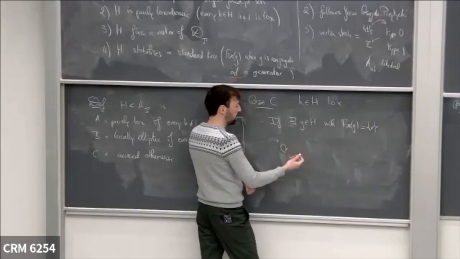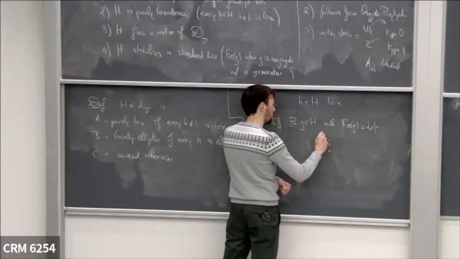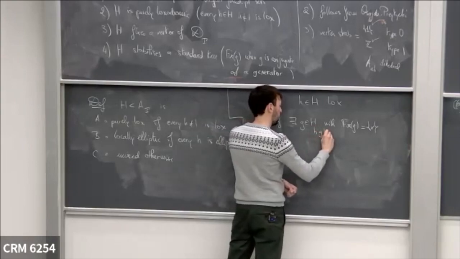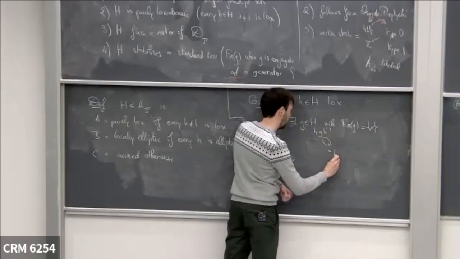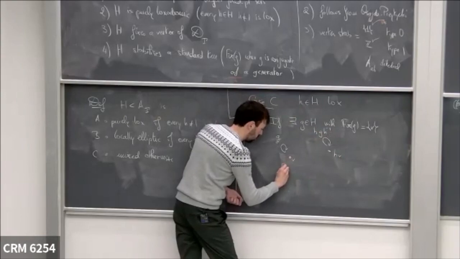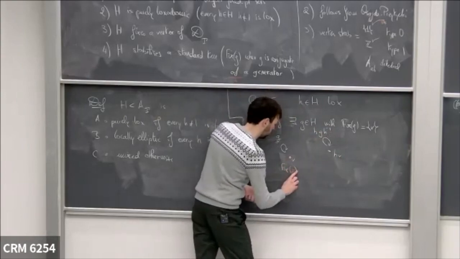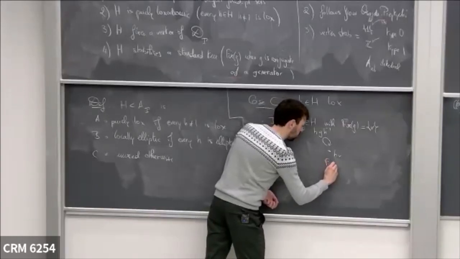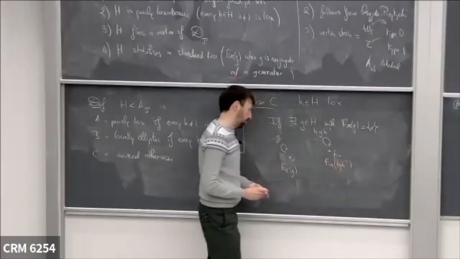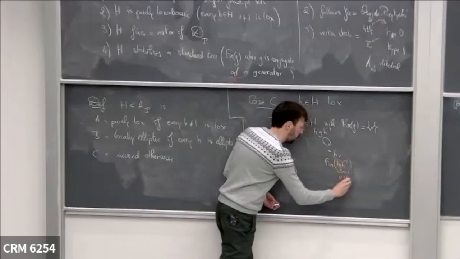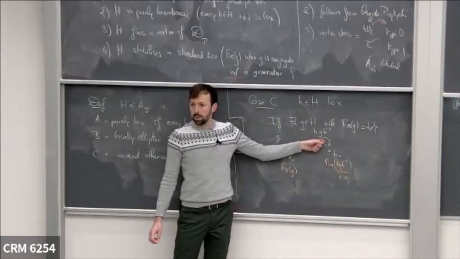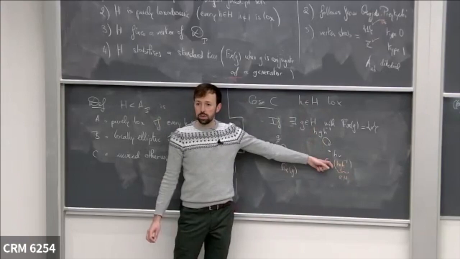If I conjugate by H, I get an elliptic element that stabilizes the vertex H V. And these vertices are really the fixed point sets: fix of G, and fix of H G H inverse, which is also in H. So what we've done, we've constructed two elements of my subgroup that are elliptic with disjoint fixed point sets.